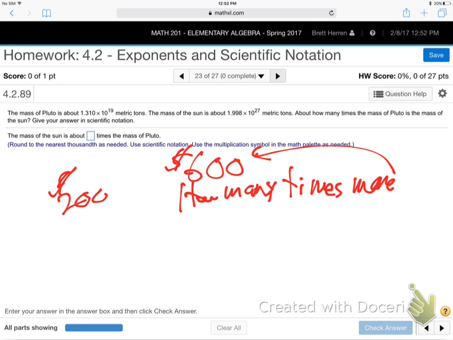So what formal operation do you have to do with the 600 and the 200 to get the answer 3? You got to divide them. When somebody says how many times, you got to divide to see how many times. So my point in all that is we have to divide these. That's fancy talk for divide these numbers, please. That's what they're basically saying when they say how many times, right?